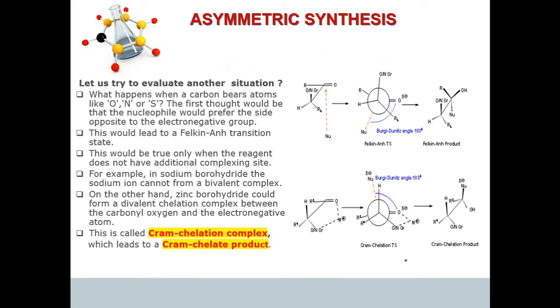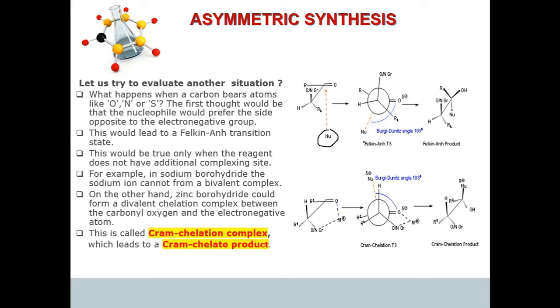Let us try to evaluate another situation. Now what happens when the carbon bears atoms like oxygen, nitrogen or sulfur? The first thought will be that the nucleophile prefers to attack from the side opposite to the electronegative group.